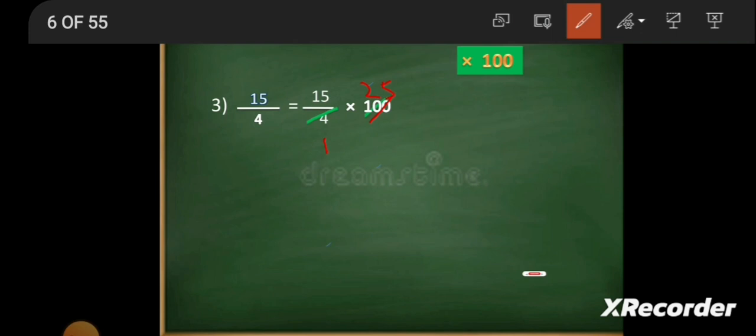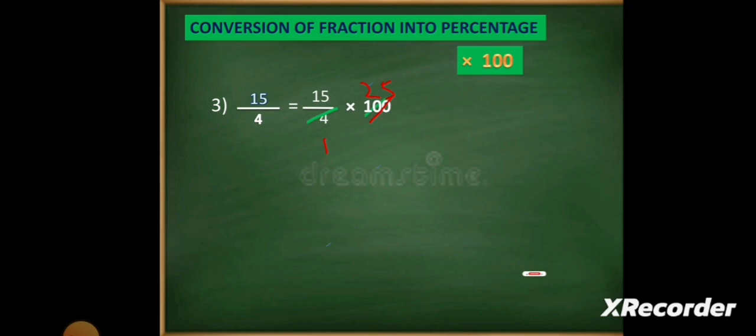Now 15 25s is 375. So our answer is 375 what? Am I correct? Yes or no? Tell me. Of course no. Why? Because I didn't put percent sign.